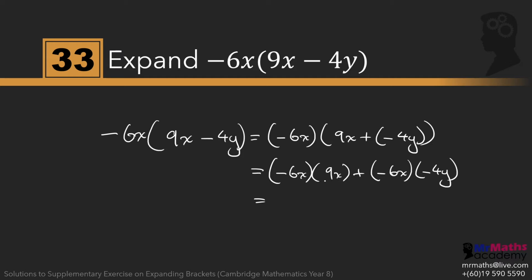So minus and plus becomes minus. 6 times 9 is 54x squared. Plus, again we have 2 minus terms multiplied together becomes positive. So 6 times 4 is 24xy. And that's the final answer.